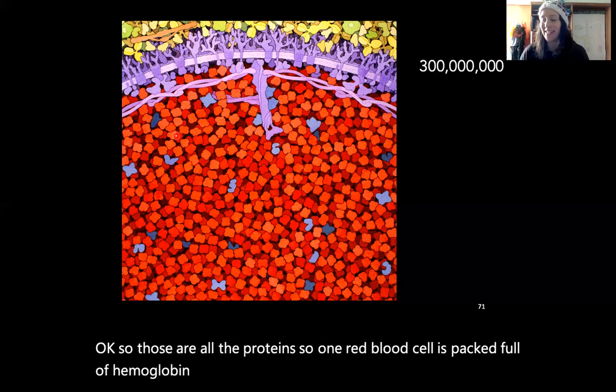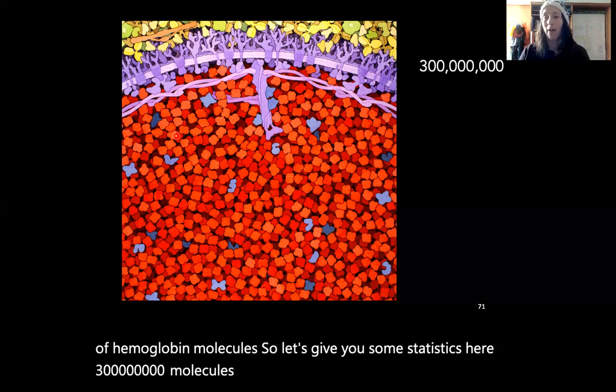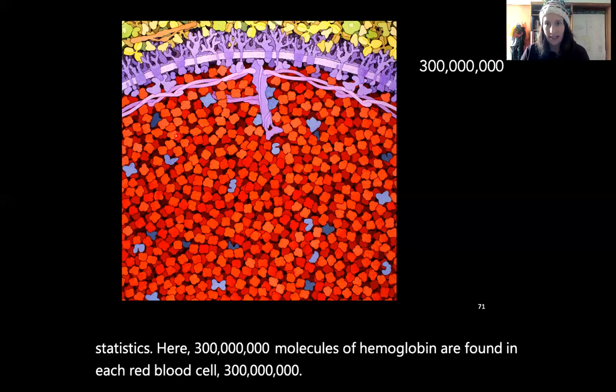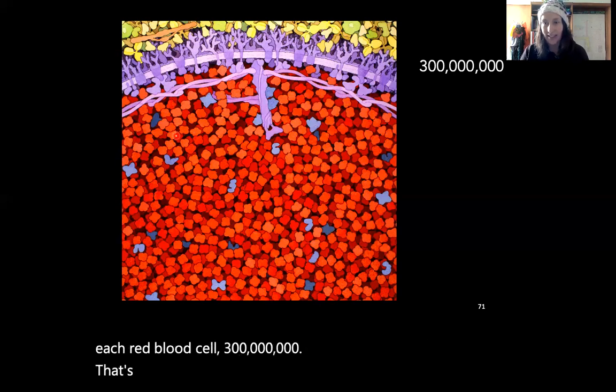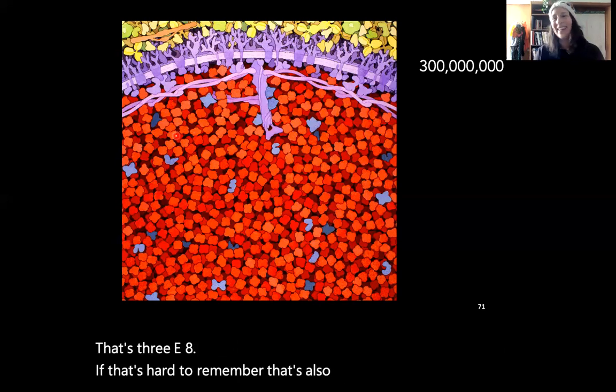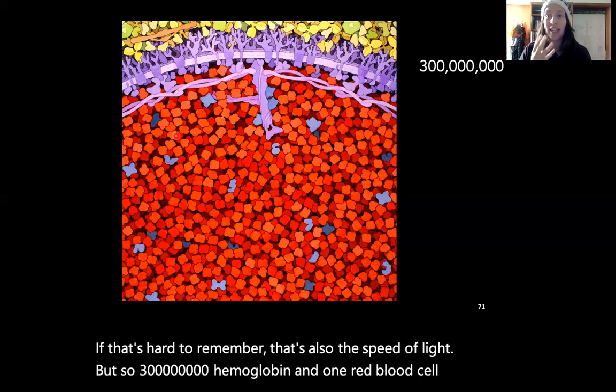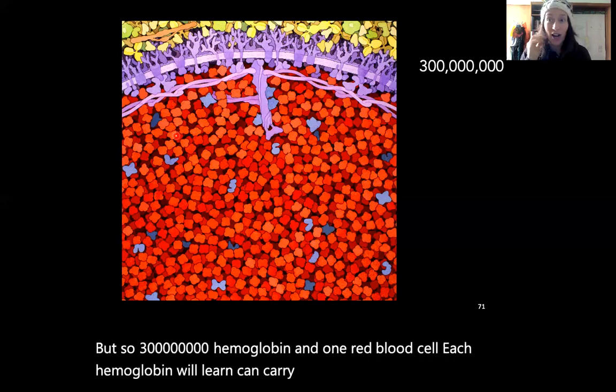Let's give you some statistics here. 300 million molecules of hemoglobin are found in each red blood cell. 300 million. That's 3E8. If that's hard to remember, that's also the speed of light. Each hemoglobin, we'll learn, can carry 4 molecules of oxygen at any given time, up to 4.